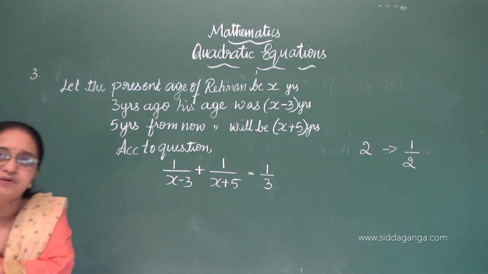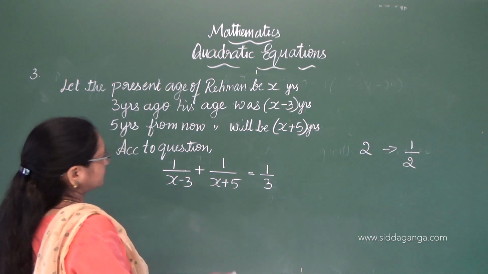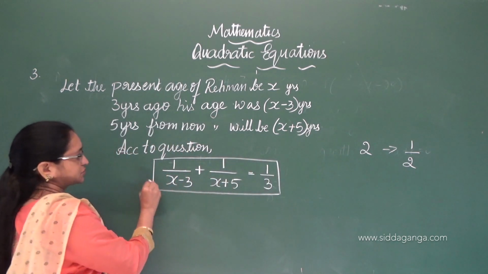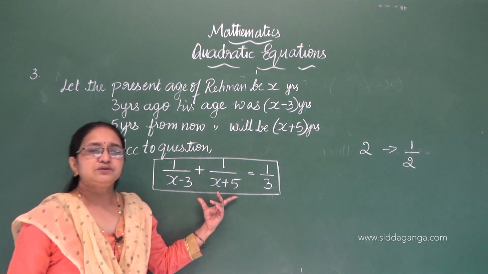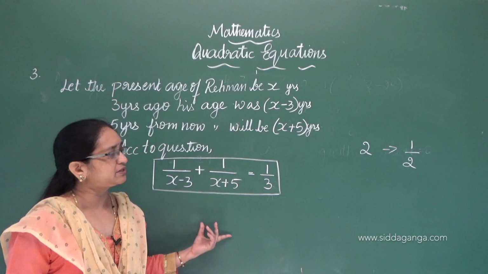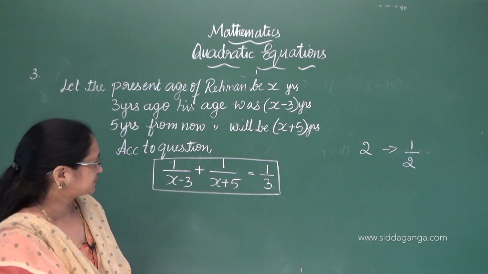Did you understand how to frame the equation? Yes, 1 by 3. Now we finished framing the equation. In the previous question I showed you how to solve this type of problem, and the same way you have to continue. So what is the first step now?